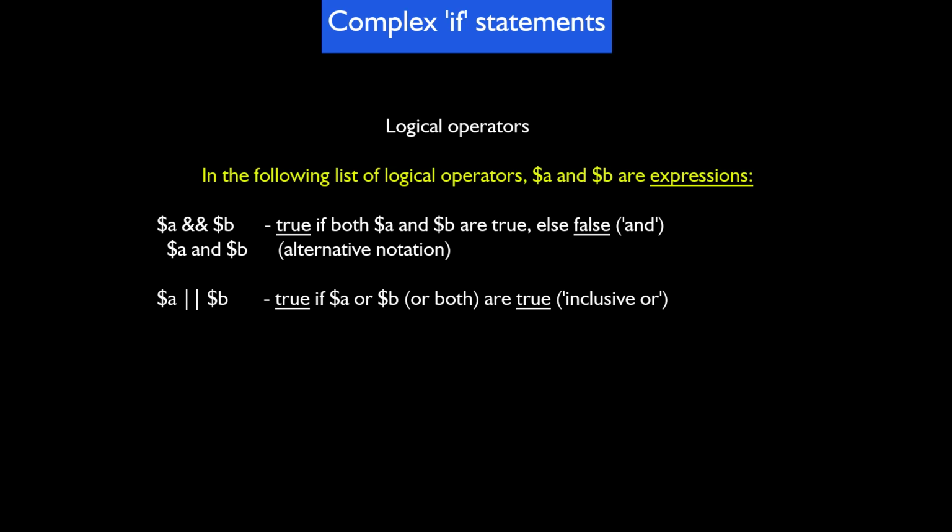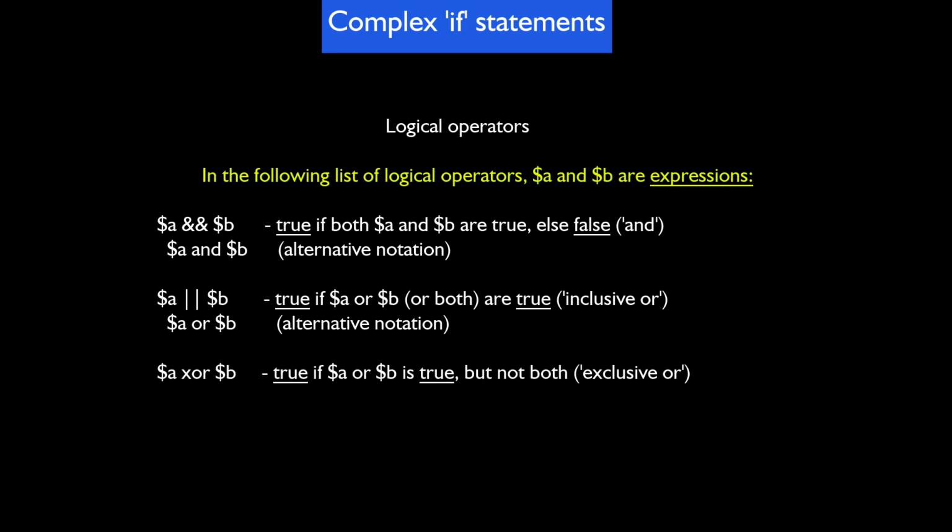You may also code it using the word or, $A or $B. $A XOR $B is true if $A or $B is true but not both. !$A is true if $A is not true, that is, false.